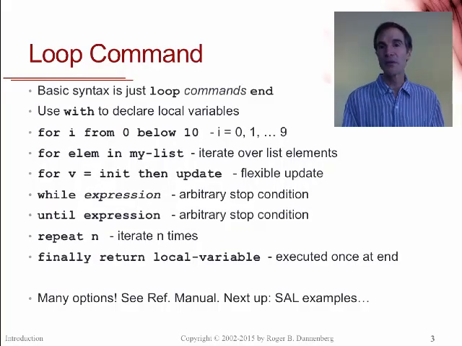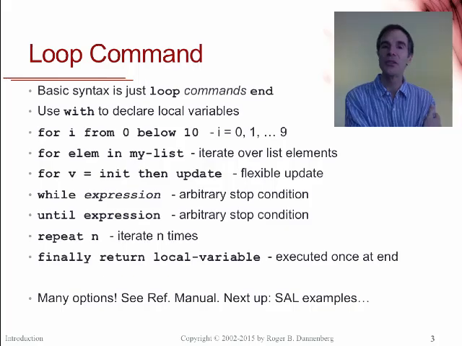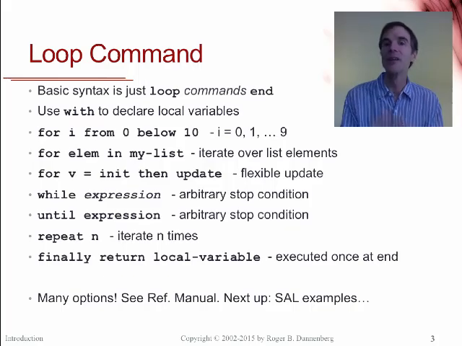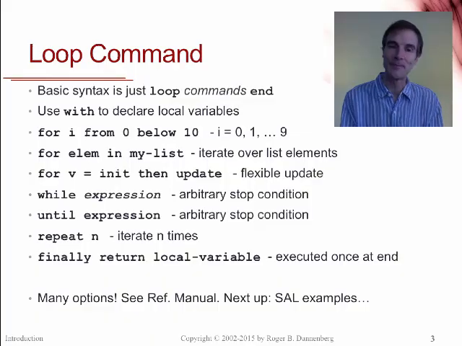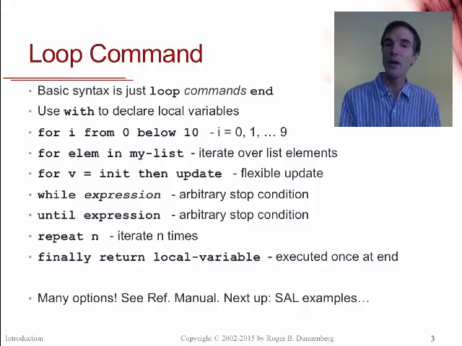The other control construct is the loop command. The basic syntax of a loop is just the keyword loop, followed by a sequence of commands, followed by end. Kind of like begin, end. And in fact, you can add a with after the loop to declare local variables in the loop.